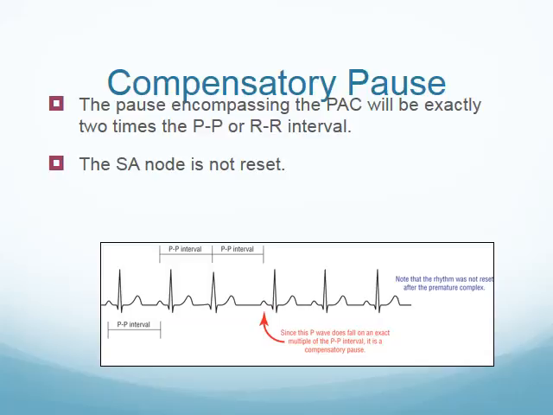We're just missing the one in the middle. Here you see the P wave on the left side of the bracket. We're missing the one in the middle, but the one after that is in the correct spot. Since the P wave falls on an exact multiple of the P to P interval, it's a compensatory pause. The rhythm isn't reset here, so the P to P interval stays the same.